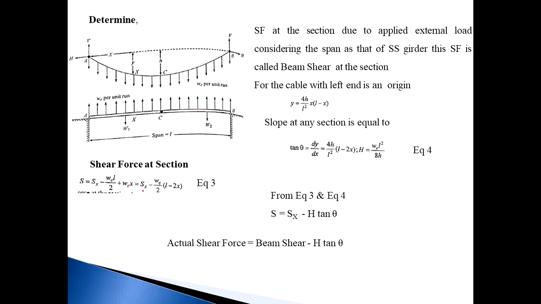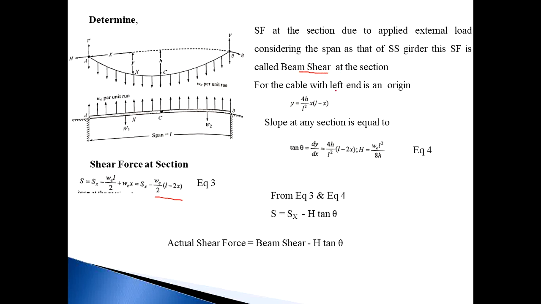So Sx minus WE by 2 into L minus 2x. This is the shear force at point x. So the shear force at the section due to applied external load, considering the span as a simply supported girder, is called the beam shear.